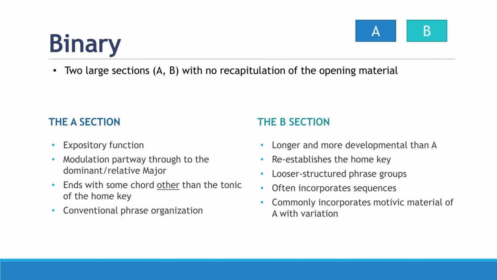The A section will have expository function, modulate partway through, end with a chord other than the tonic, and have conventional phrase organization. Your B section will be longer and more developmental than A, will reestablish the home key, will have looser structure phrase groups, will often incorporate sequences, and commonly incorporates motivic material of A with variation. Let's break that down with the score.